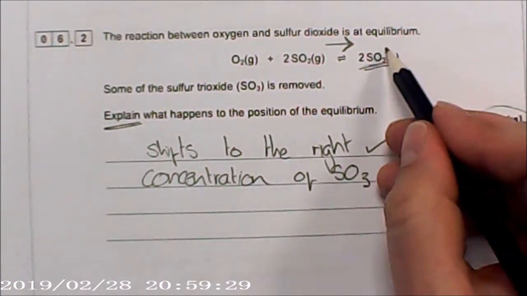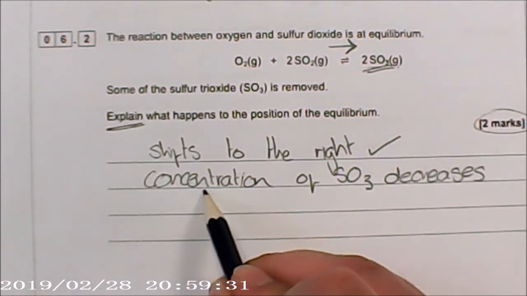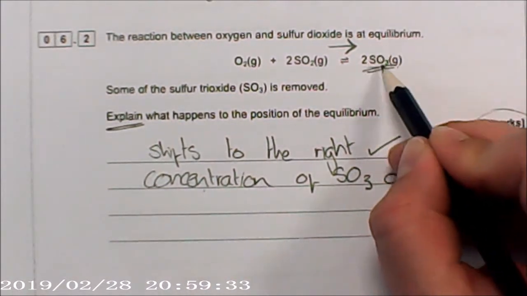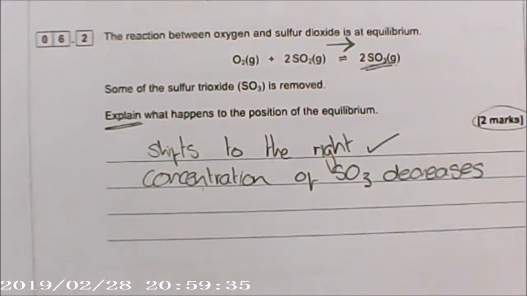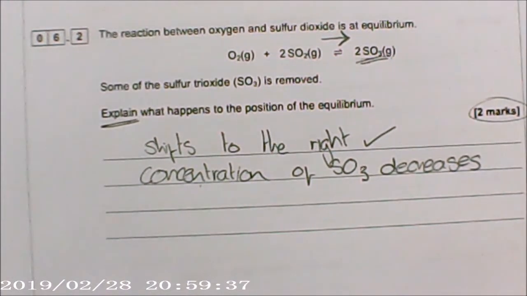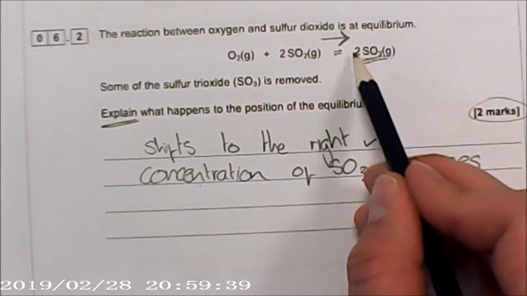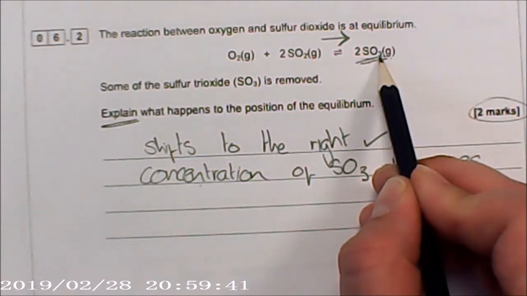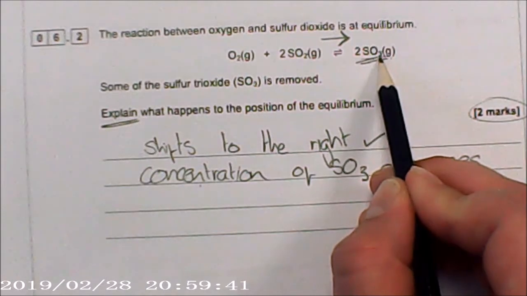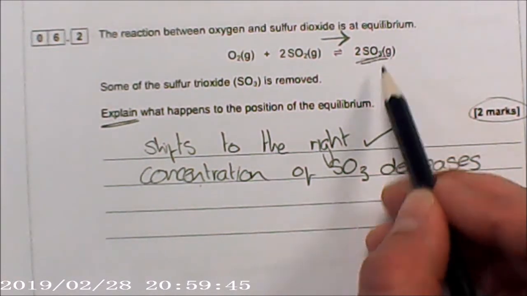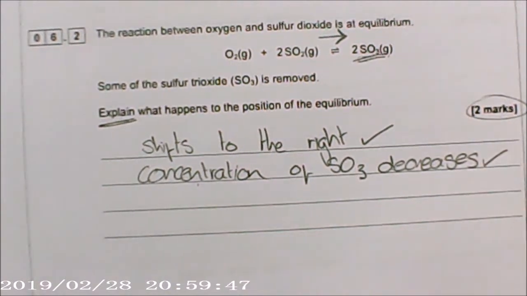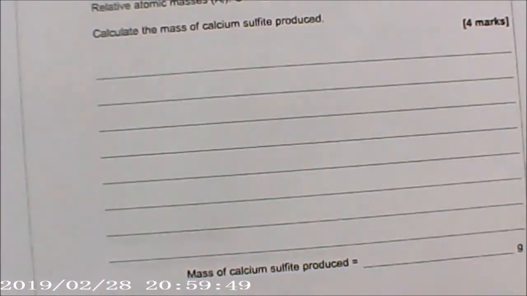You could say that the pressure decreases, so instead of talking about the concentration, you can say that the pressure decreases on this side. Or you can say that it will want to produce more SO3 to re-establish equilibrium. Any of those for your explanation for the 2nd mark.